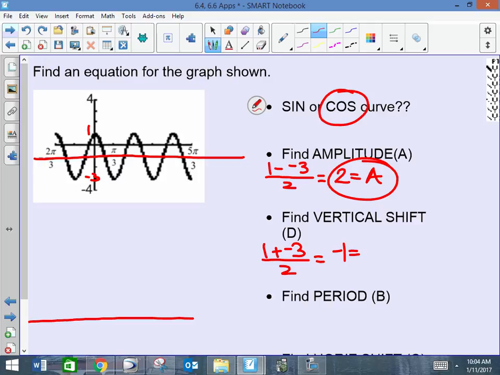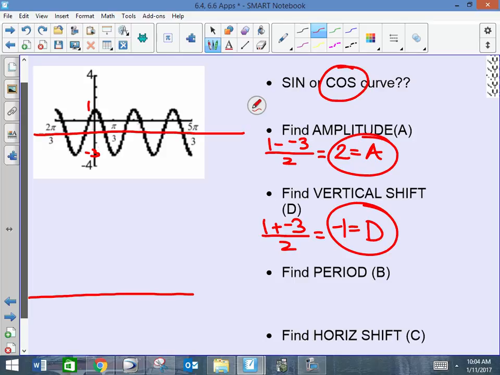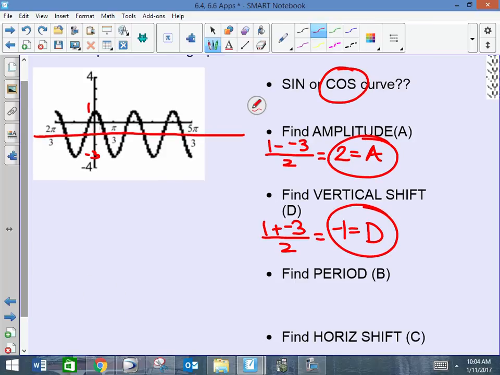So your D is negative 1. So you subtract them to get the amplitude, you add them to get your middle average. Try to make sure that makes sense to you, because otherwise you could get them confused, just like I did. When we went back, it didn't make sense that was the middle. So that's how we knew that, once again, I had made a mistake today.